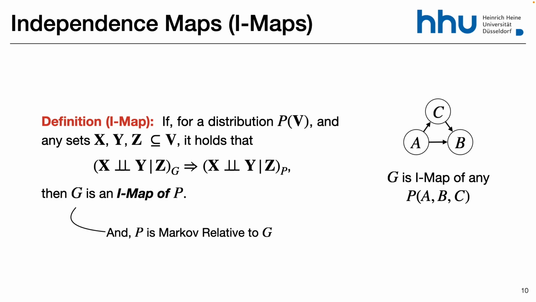You can try at home, but this is because this graph is not implying any conditional independence. There's no separation between any variable here because you have all the edges.